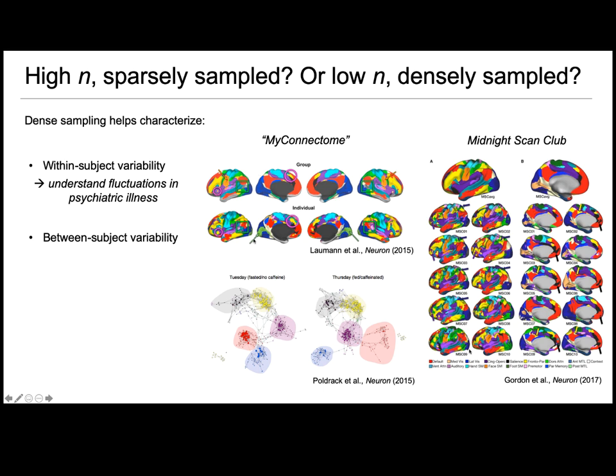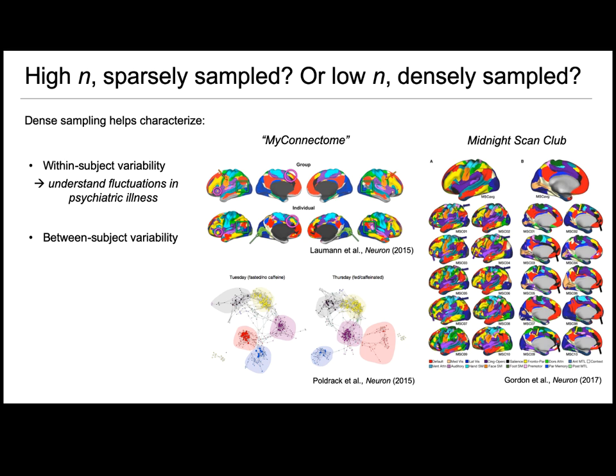I think they were sampled 10 times. It was a 10 by 10 design. And they observed that each individual now has a slightly different map that's different from the group and that's different from other individuals. So this is just confirming that basically the more data you have on a subject, the more likely you are to be able to pull out stable individual differences on that person.